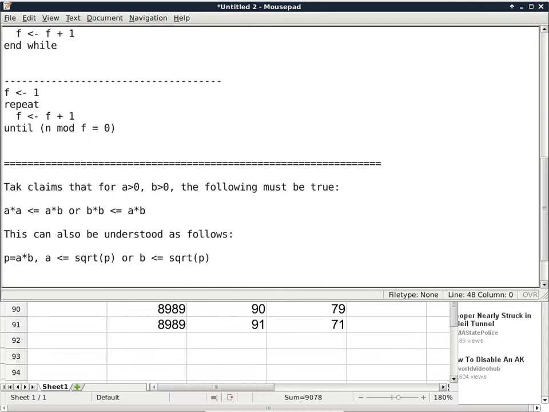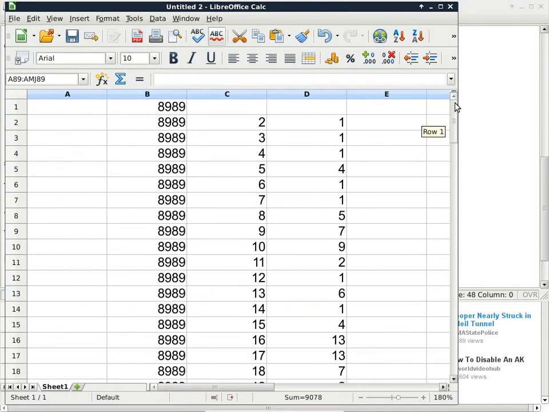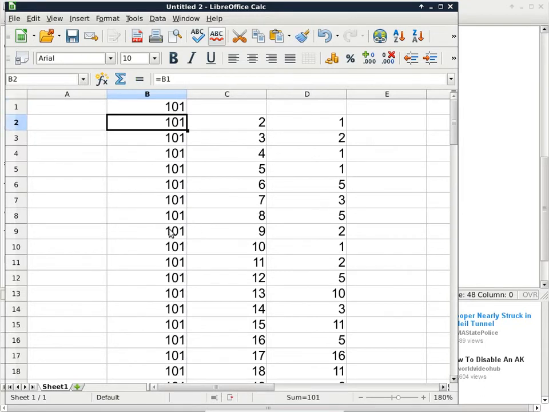Okay, why is that important? Because it means you don't have to go higher than the square root of 89 to confirm a number is prime. So maybe that is really useful. Let's pick a different number. That's why I use a spreadsheet, because I can just switch it around real quick. If I pick a number like 101, which is a prime number, what this is saying is I can stop here.